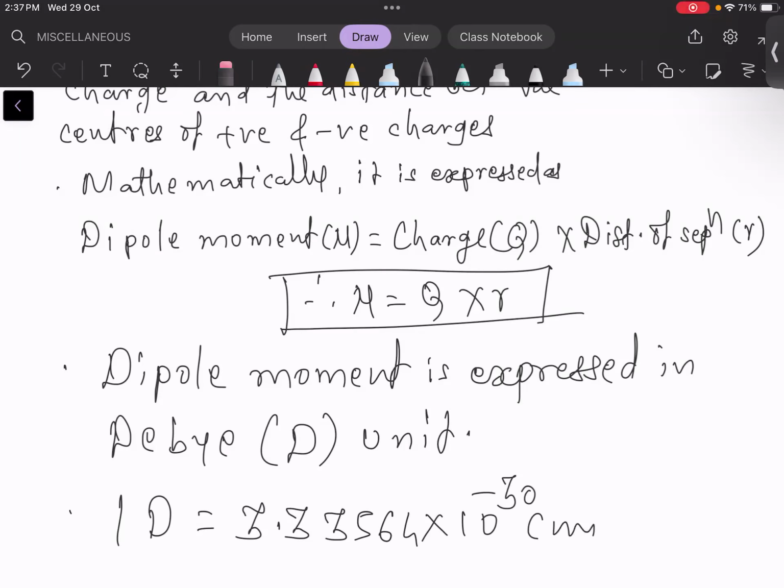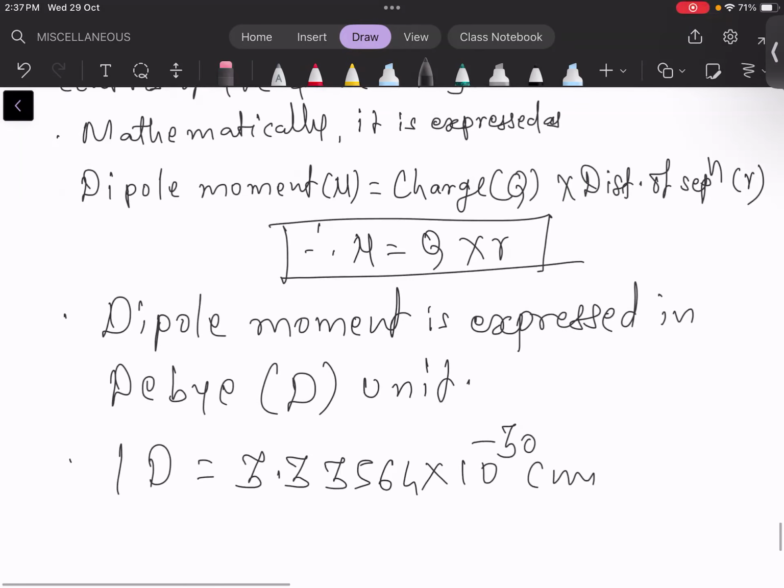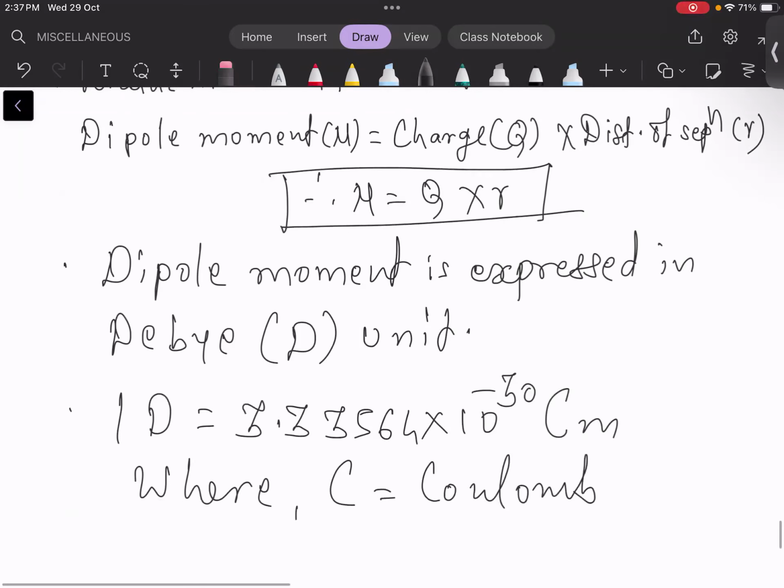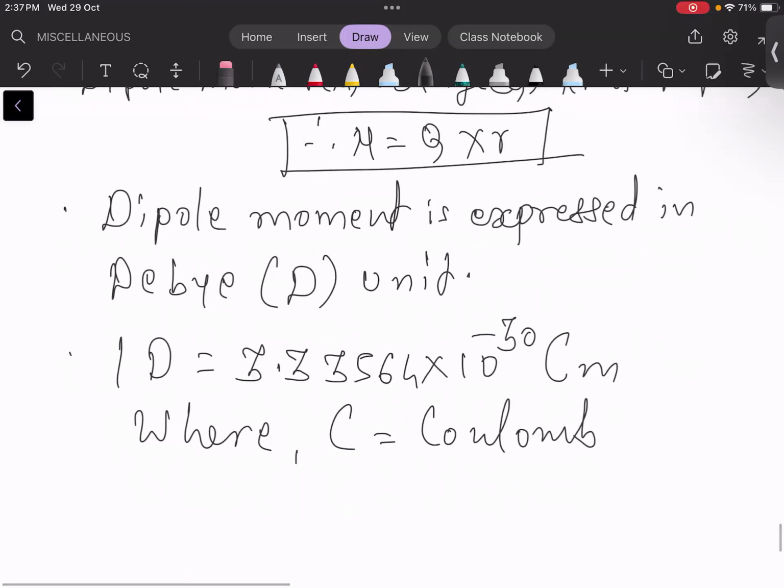That is C m, where C is coulomb, the quantity of charge, and m is meter.